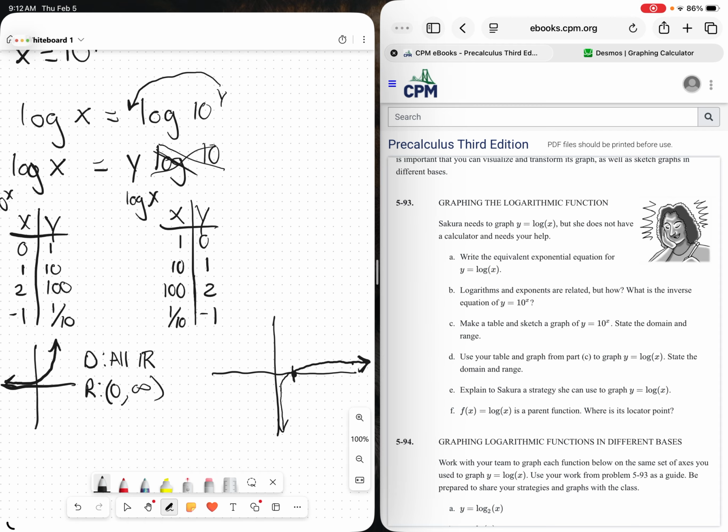Our domain and range are switched: our domain would be 0 to infinity, and our range would be all real numbers, because this is going to continue to go up. It's just very, very slow.